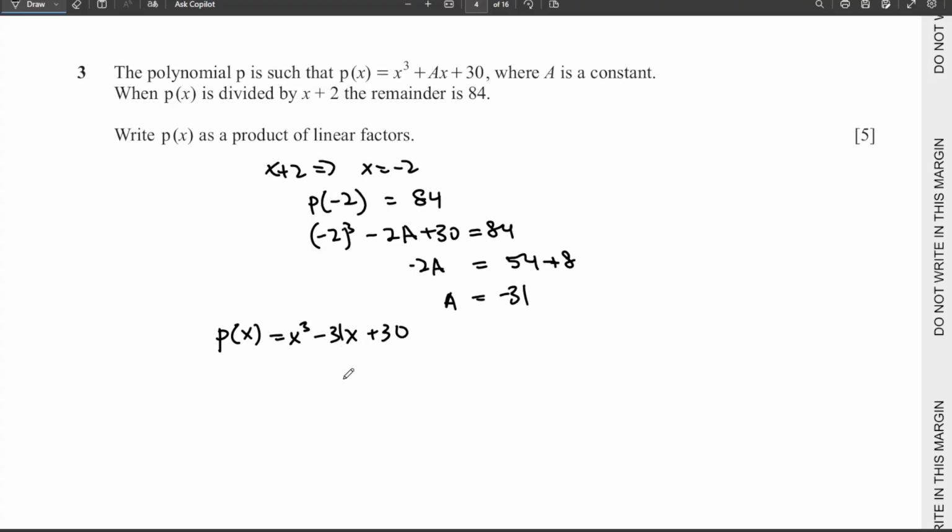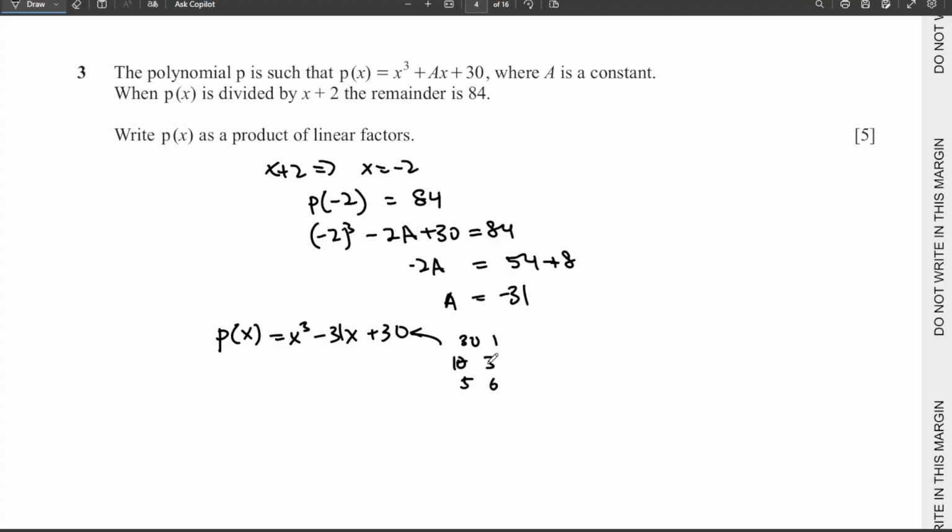So obviously for the first factor you need to guess. You need to guess, and what values you should guess is the factors of 30, right? The factors of the constant term. So it can be 30, it can be 10, 3, so on and so forth, 5, 6.